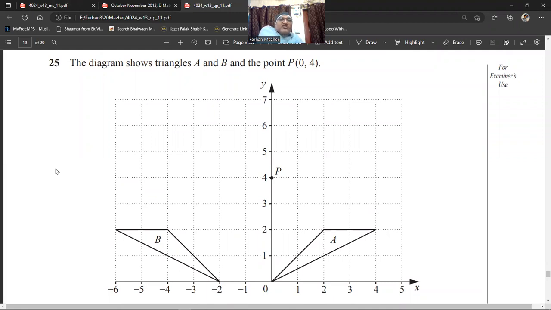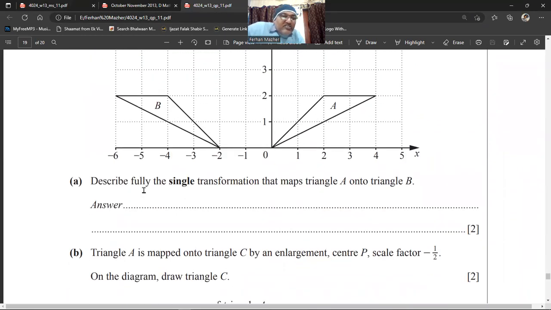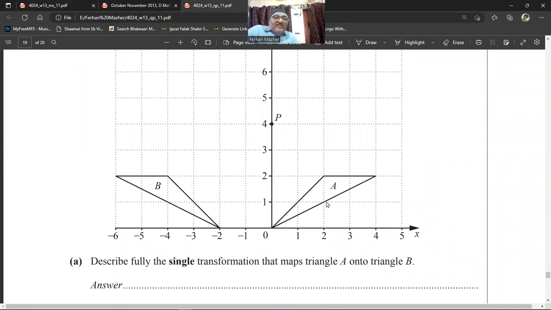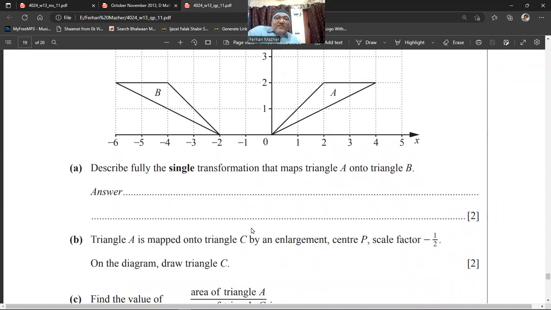The diagram shows the triangle A and B and the point P, which is (0, 4). The question is: describe fully the single transformation that maps the triangle A onto the triangle B. You can see this diagram has flipped here on B, so that means it's a reflection. And how do you find the line of reflection?